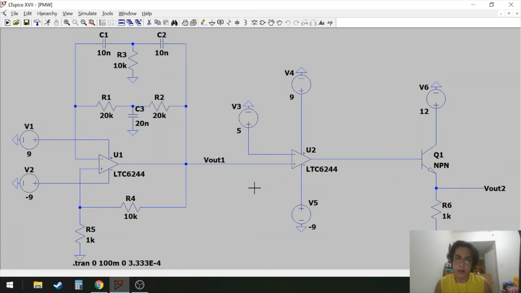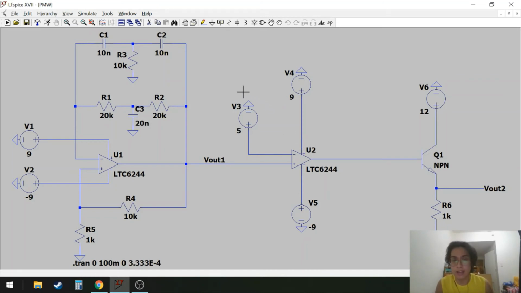Now I will talk about the voltage input of the second comparator, which will be the output voltage of the oscillator. So the output voltage of the oscillator will be the input voltage of the remaining PMW parts. And we placed positive 9 and negative 9 volts again in the positive port and the negative port to again achieve an alternating voltage source.